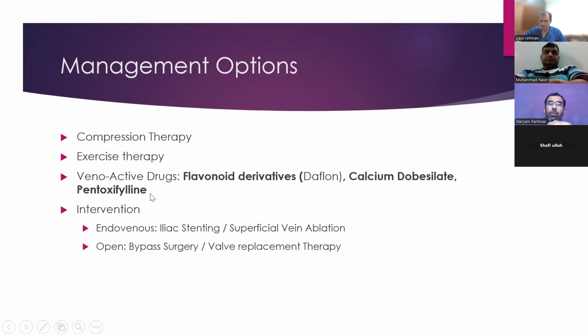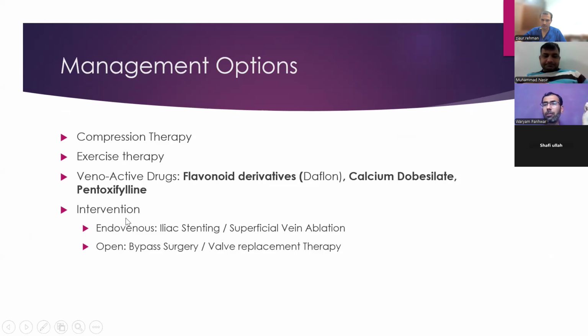But there is no level 1 evidence, and many of the guidelines don't recommend them. The ACCP guidelines recommended venoactive drugs in, I think, 2008, and then in 2012 they retracted. But many societies still recommend the concomitant use of venoactive drugs along with compression therapy, exercise therapy, and intervention if possible.